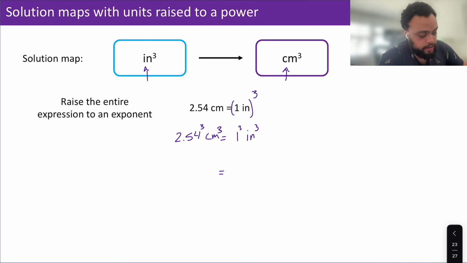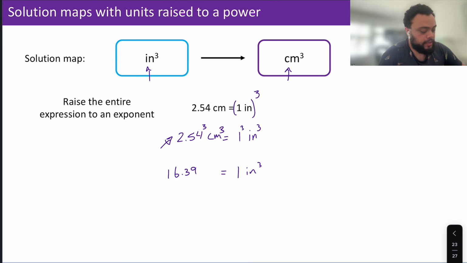So that's going to drop down. 1 inch cubed is equal to 2.54 cubed, which is 16.39. Now remember, this is a conversion factor, so it has as many sig figs as we need. So we'll just put another one there. And so that's basically how you go about doing that, is you just cube whatever the number is and the unit.